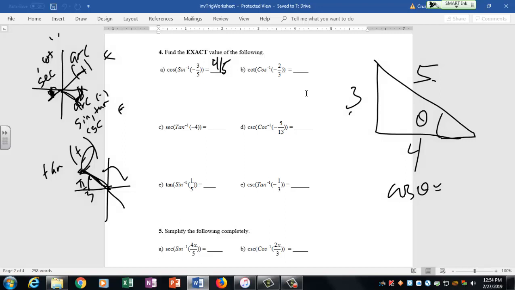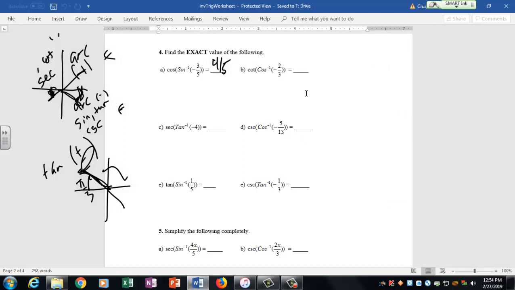We are in quadrant 4. If tangent's -4, we are in quadrant 4. Secant in quadrant 4, is that positive or negative? That is positive, yes? Secant is 1 over cosine. That is positive.